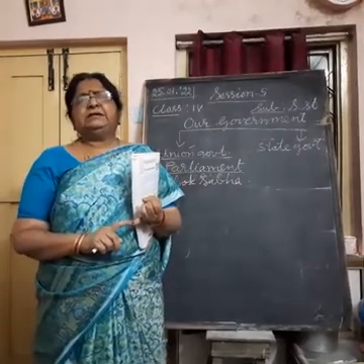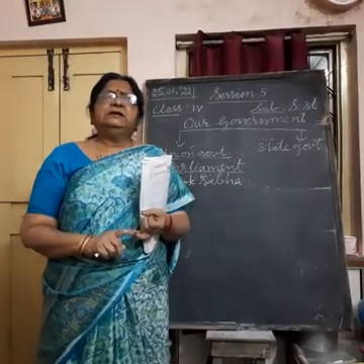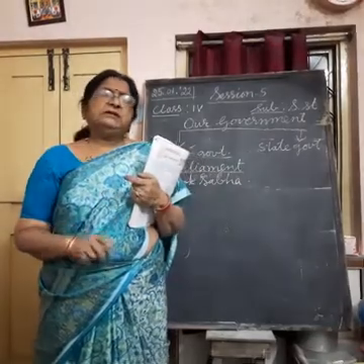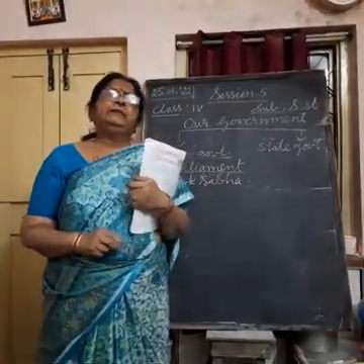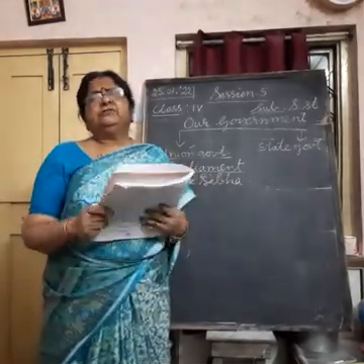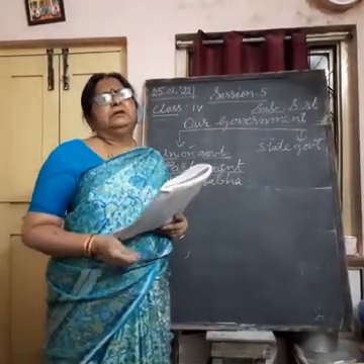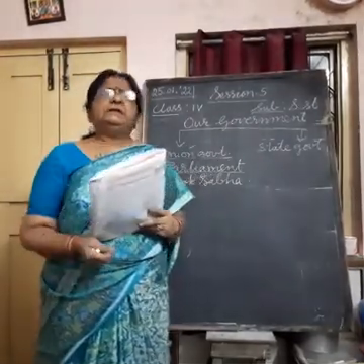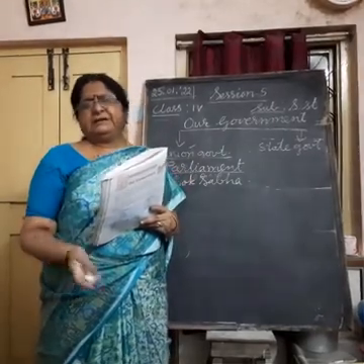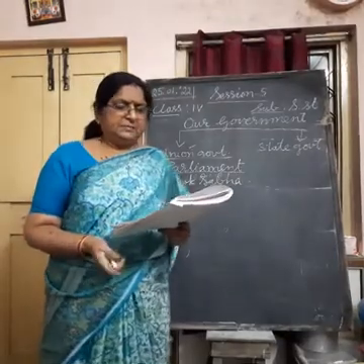Bharatiya Janata Party, Congress, and so many such parties like Telugu Desam Party. Understand? Like that, we have so many, like Communist Party, Aam Janata Party, etc. These are the political parties.